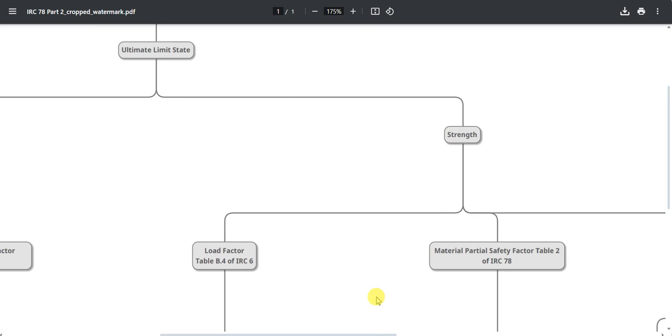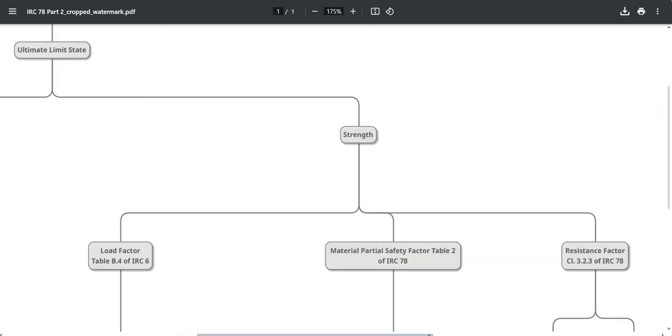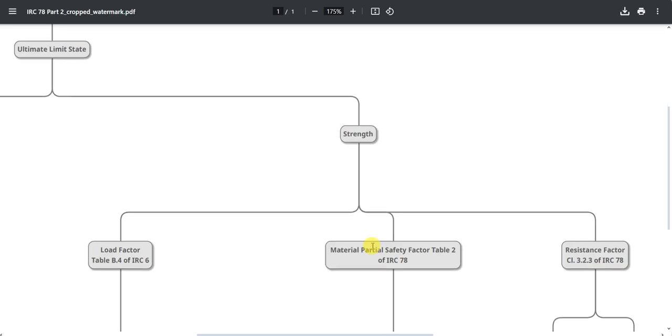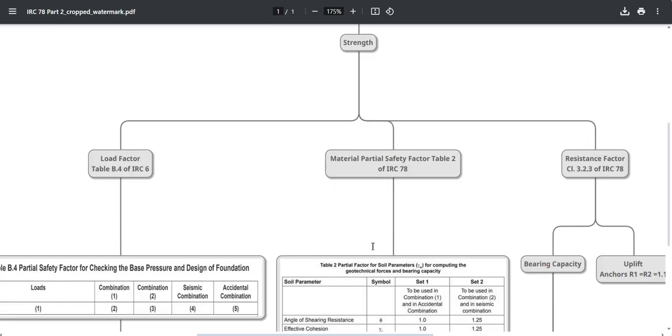Now if we go to the right part of the chart, we will see the strength. For strength, we have three factors: the load factor, the material partial safety factor, and the resistance factor. All these factors are included in the code to cater for uncertainty.